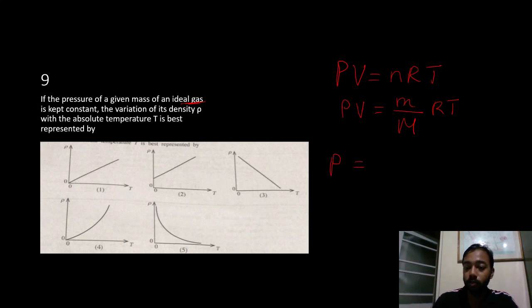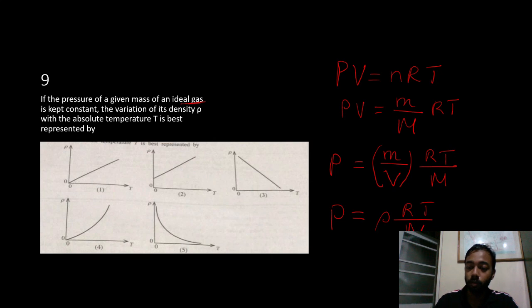Here you can rearrange this equation: P equals M divided by V, times RT over capital M. Here M over V is the density. So P is equal to density ρ RT over M. If you subject ρ, you can see that the density is inversely proportional to the absolute temperature.